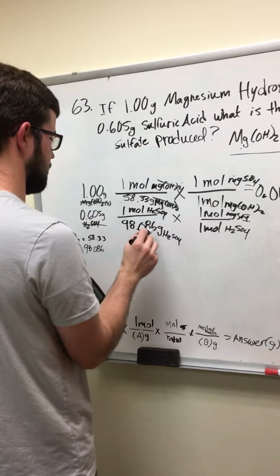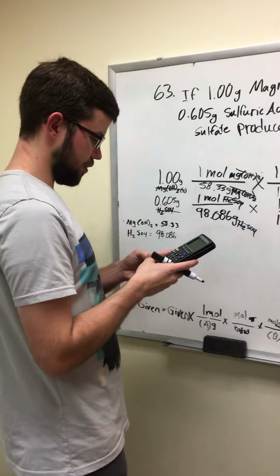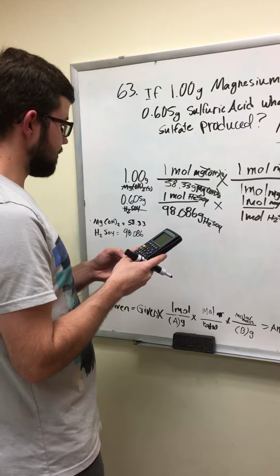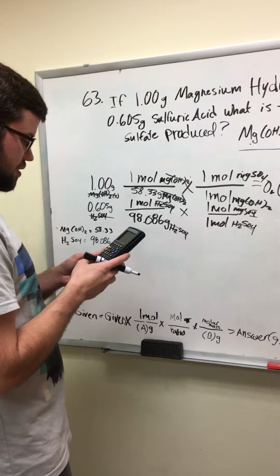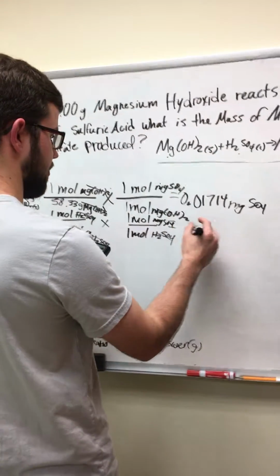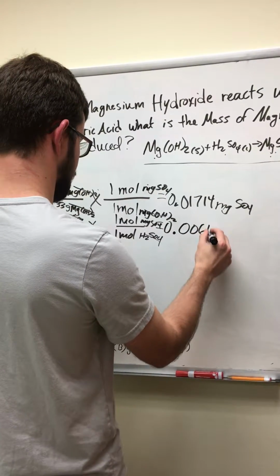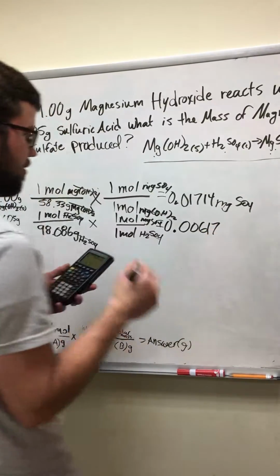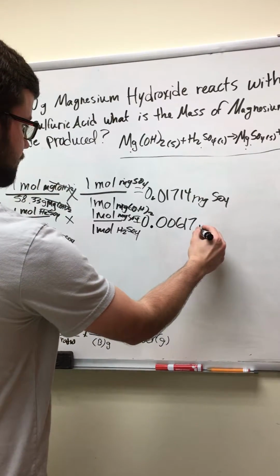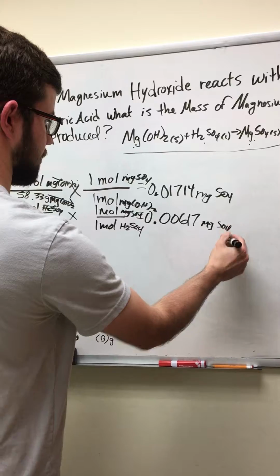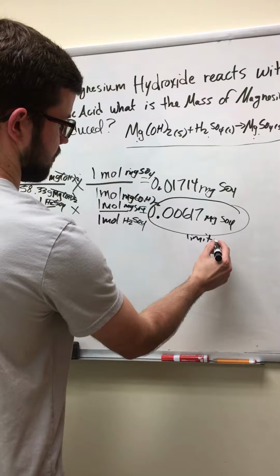And these cross out and these cross out, and you get 0.605 divided by 98.086, which is 0.00617. So we know that this bottom one is the limiting reagent.